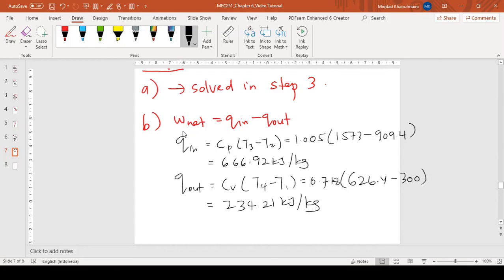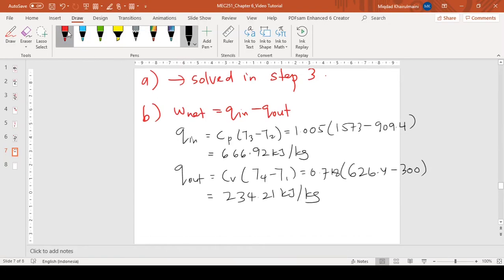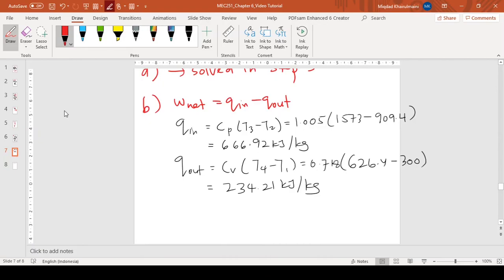The net power produced, W net, is equal to Q in minus Q out, so we can calculate and get the answer as 432.71 kilojoules per kg.